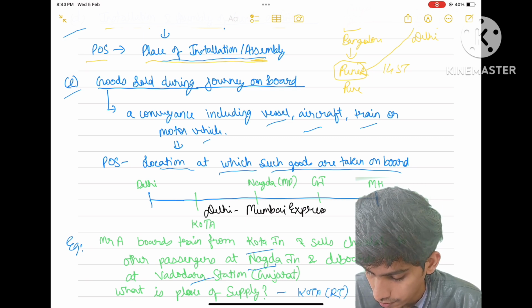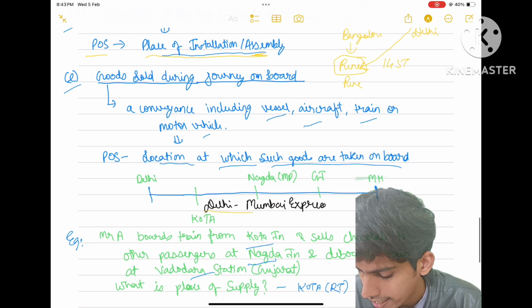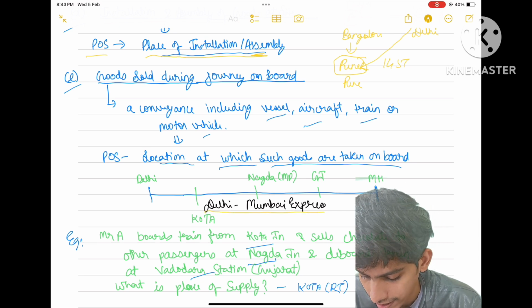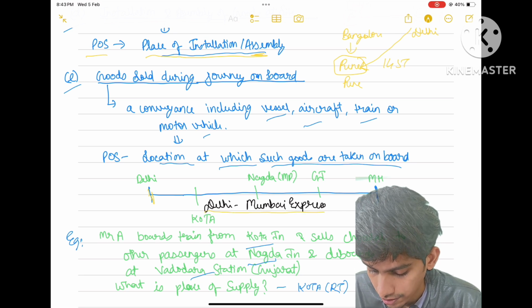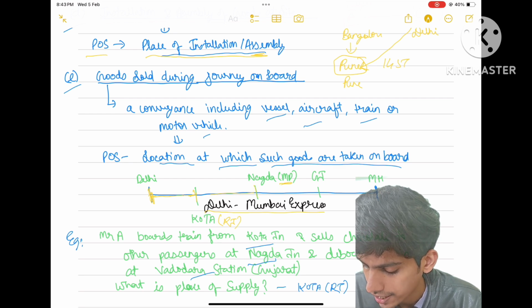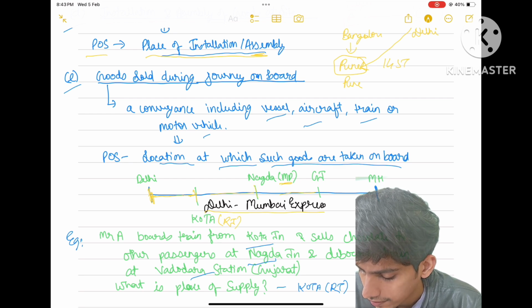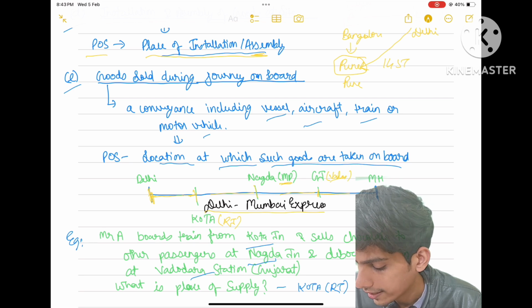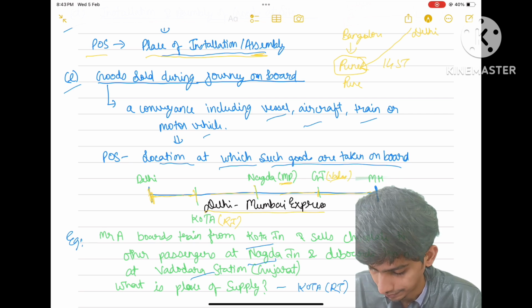So this train is the Delhi Mumbai Express. Suppose you are traveling in a train and this train starts from Delhi and has intermediate stations at Kota, which is in Rajasthan, then Nagda, which is in Madhya Pradesh, then Vadodara in Gujarat, then finally it arrives at Mumbai, which is Maharashtra.